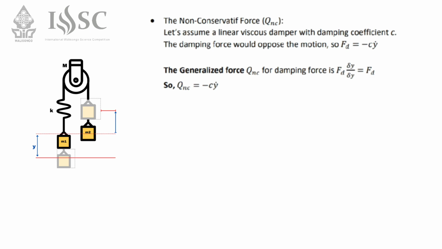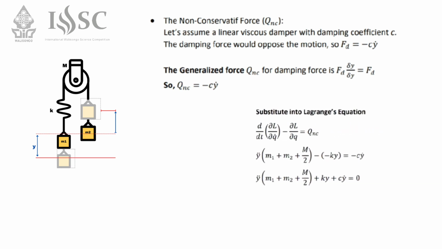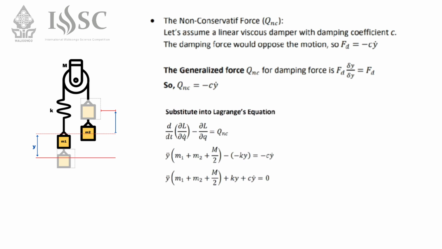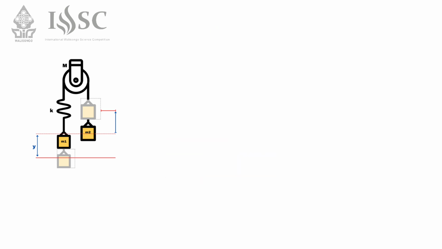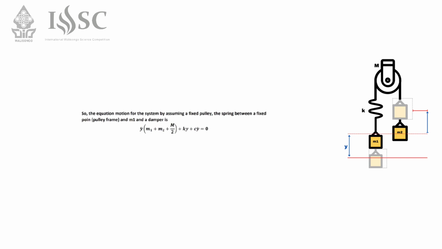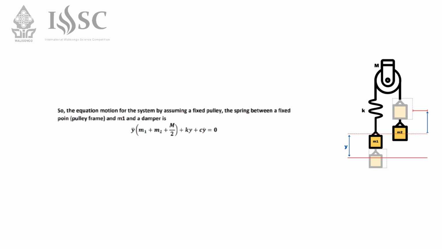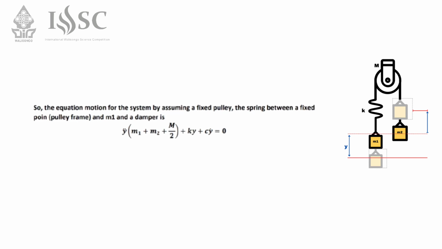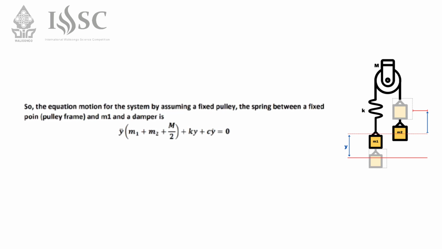We have all of them in the Lagrange equations. And we have y double dot like this as the equation of motion of the system. So the equation of motion for the system, by assuming a fixed pulley, the spring between a fixed point and M1, and a damper, is like this.